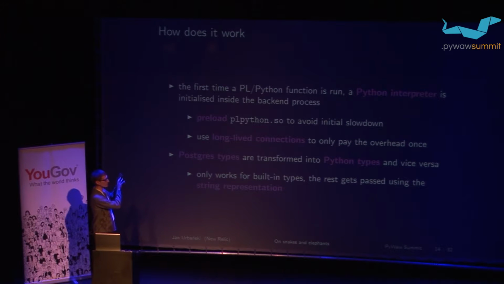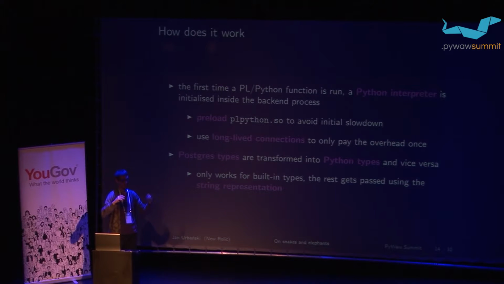And then it works by, like I said, a procedure defines input and output types. So what Postgres will do for you, if you use PL Python, is it will translate Python types into Postgres and vice versa. So your Python procedure will receive Python types, even though you call it from the SQL level where you operate on Postgres types.